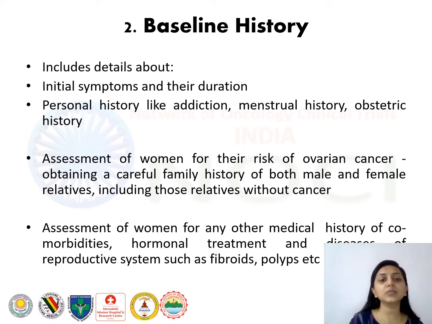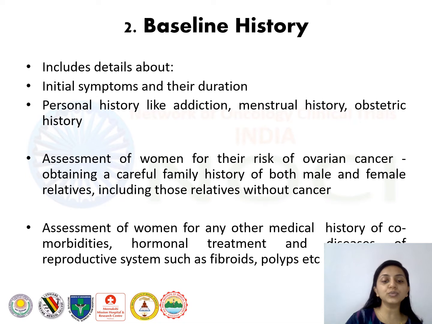So for a patient with carcinoma ovary, we need details like the initial symptoms and their duration. Also assess her for her risks of getting an ovarian cancer, which includes a careful family history of both her father's side relatives and mother's side relatives, including those relatives without cancer.